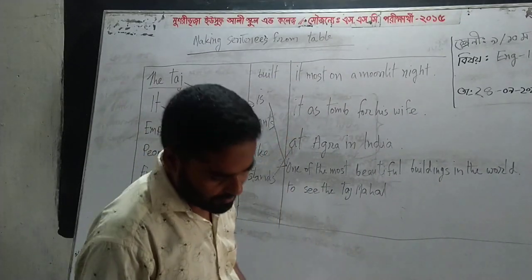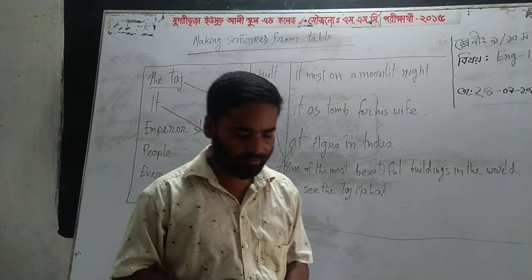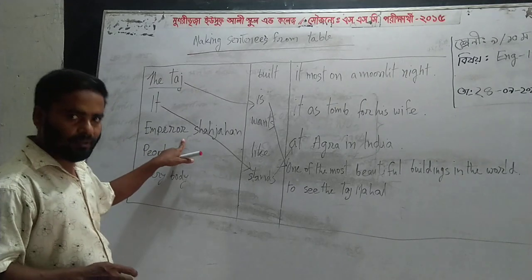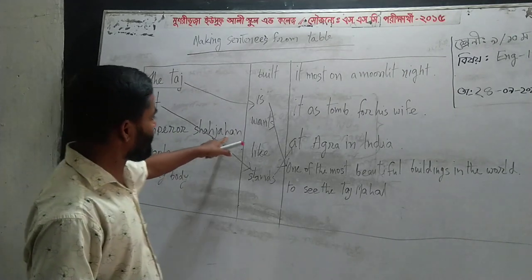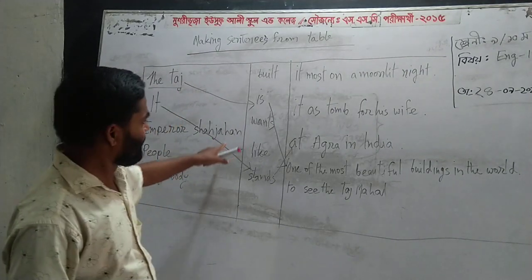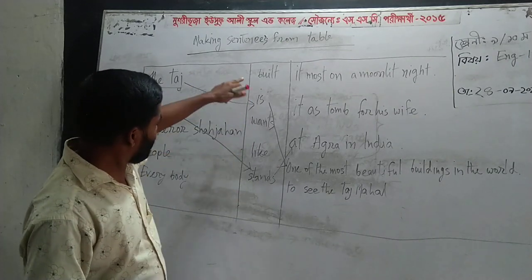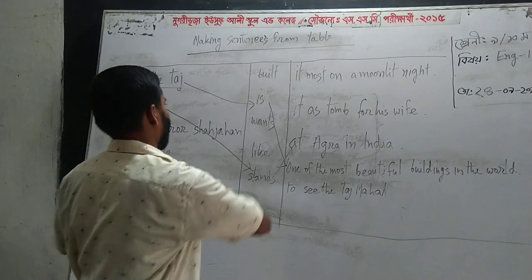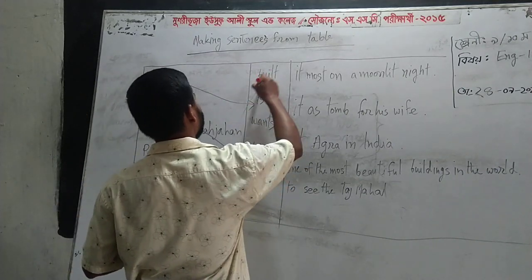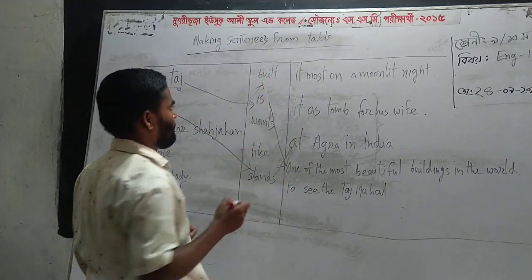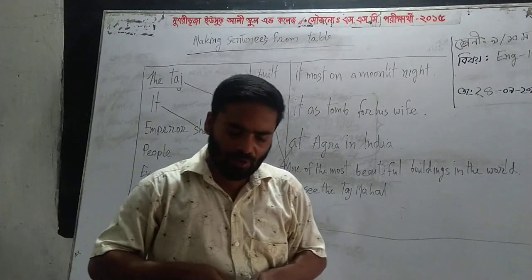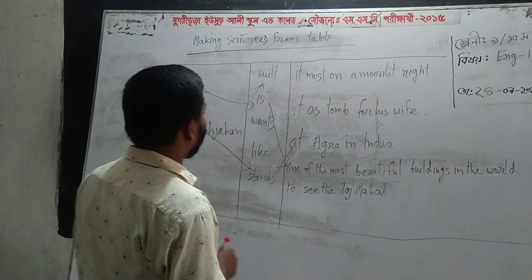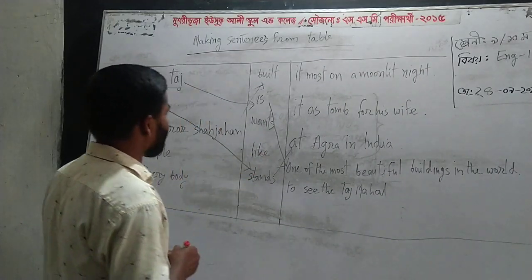So now, what will be the next sentence? Emperor Shah Jahan is the next subject. What will be the verb? Emperor Shah Jahan built. What will be the object?